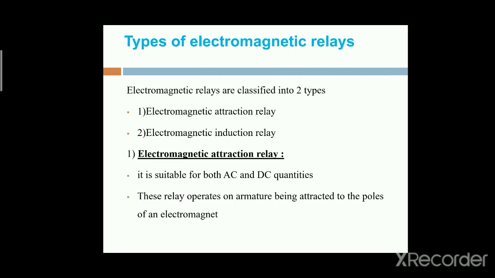Basically, the electromagnetic relays are classified into two types: the electromagnetic attraction type and the electromagnetic induction type. In electromagnetic attraction relays, a plunger is drawn into a solenoid or the armature is attracted to the poles of an electromagnet.